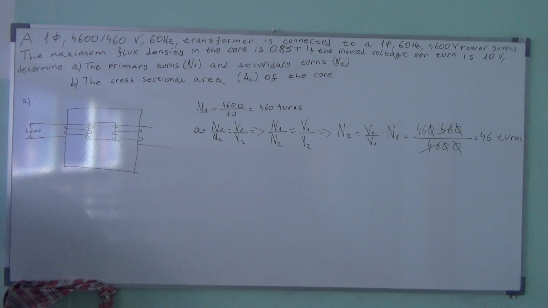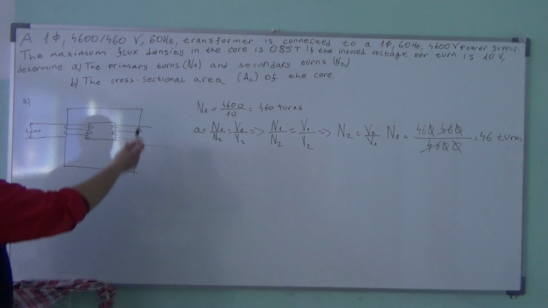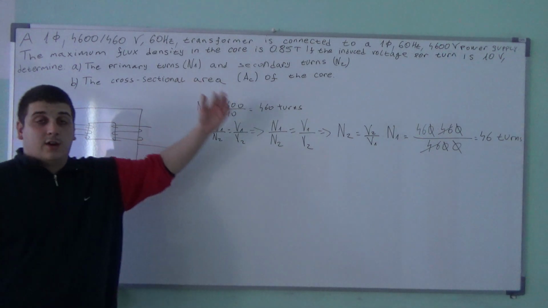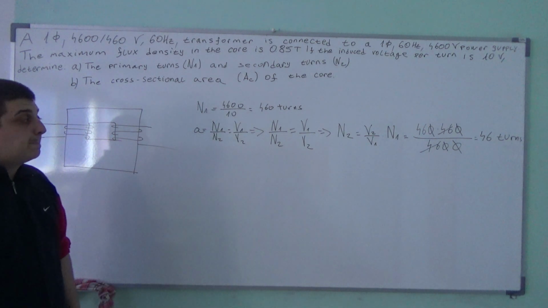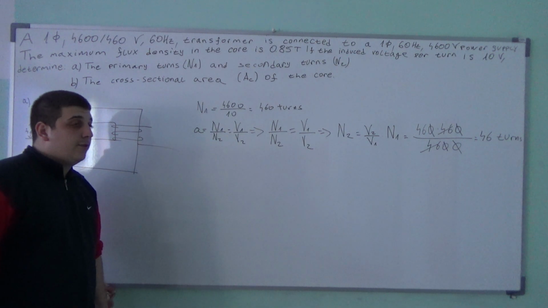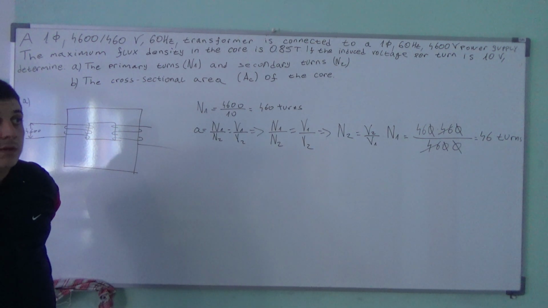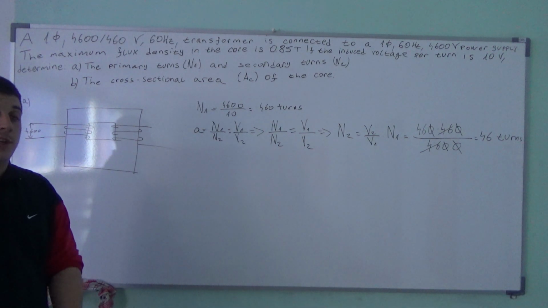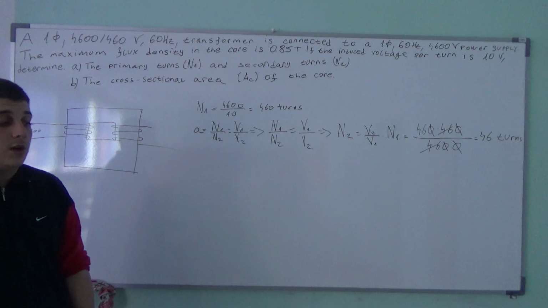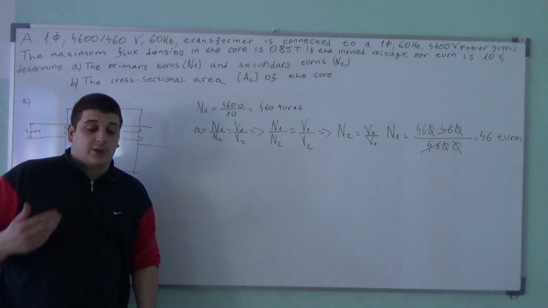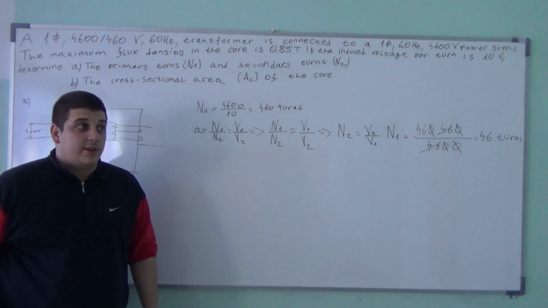Now for B, we have to calculate what is the cross-sectional area. If you learned about magnetic circuits, I also have a course of magnetic circuits. I have done that already.